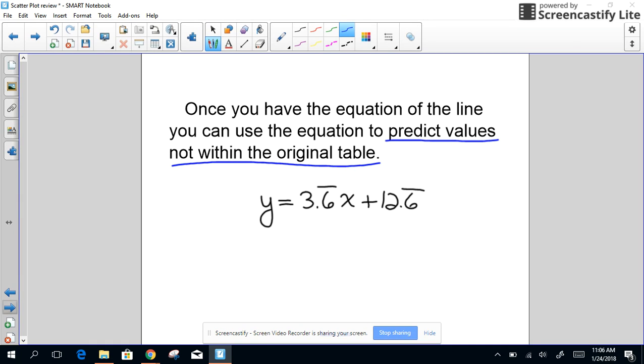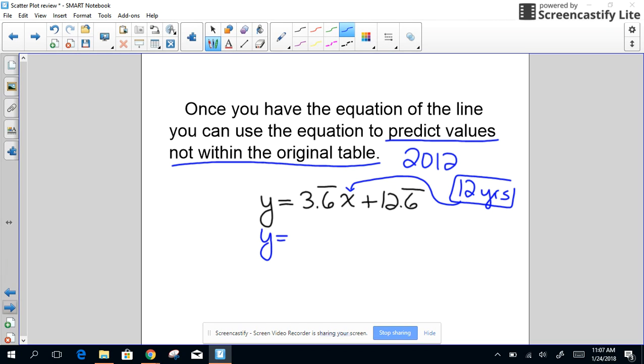So let's now say that I needed to predict how many clusters would be appearing in the year 2012. Keep in mind that it's years since 1990, so that actually puts me at 12 years. 12 years is the value that I would plug in for x to predict how many clusters I would have in 2012.